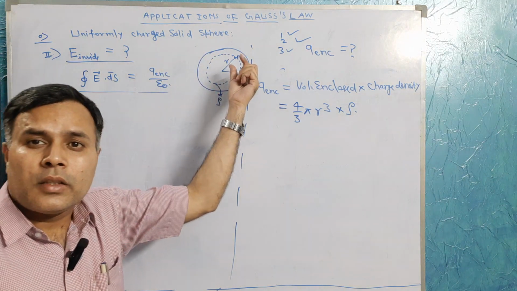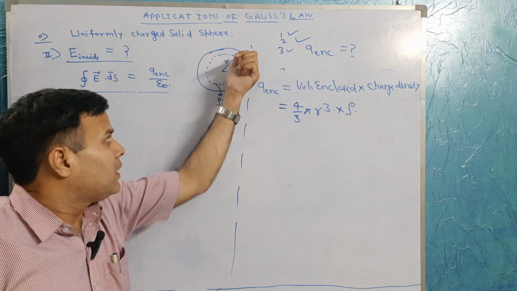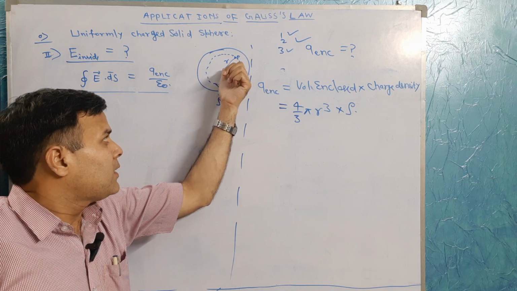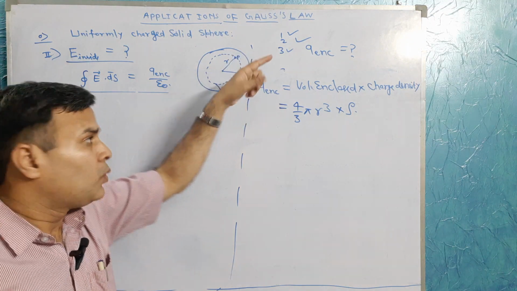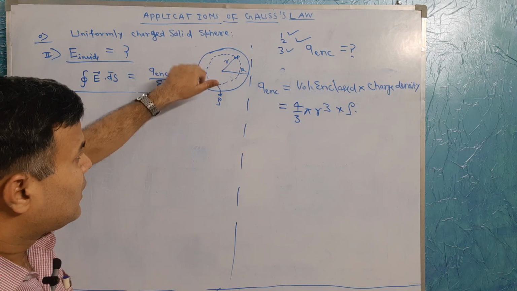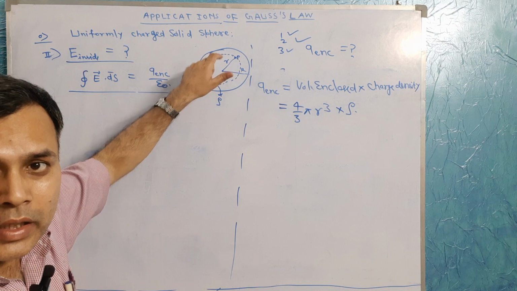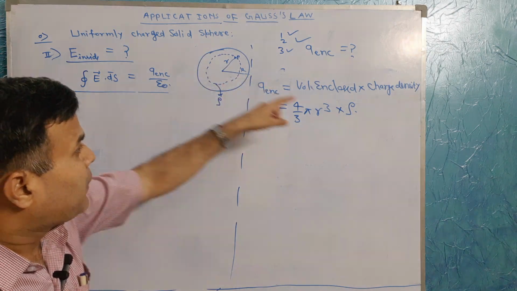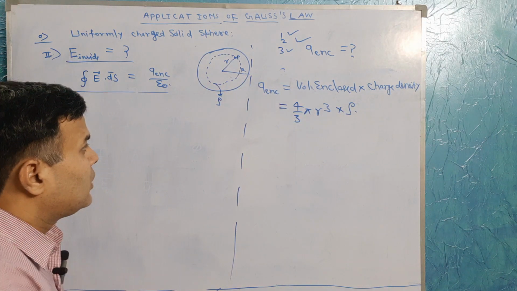So we consider a point P which is inside the sphere, whose distance from the center is small r. So we want to find the volume enclosed in this imaginary or Gaussian sphere, and then multiply by the charge density. So this is charge enclosed.